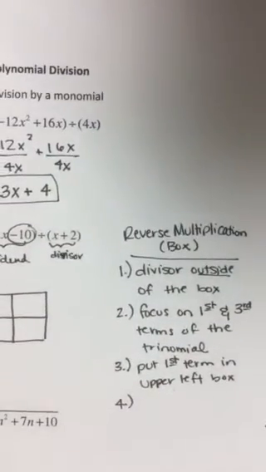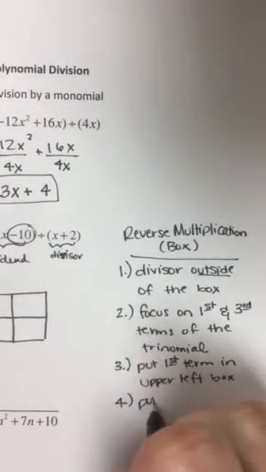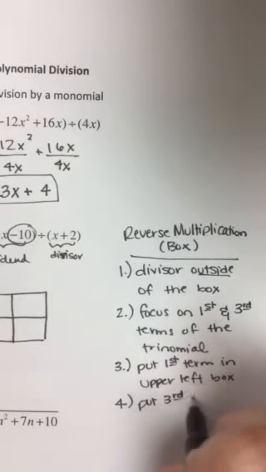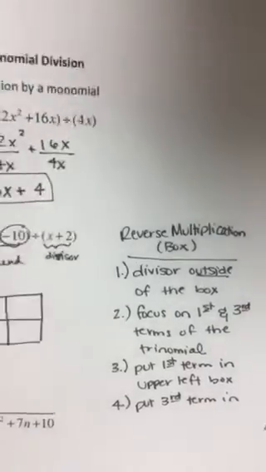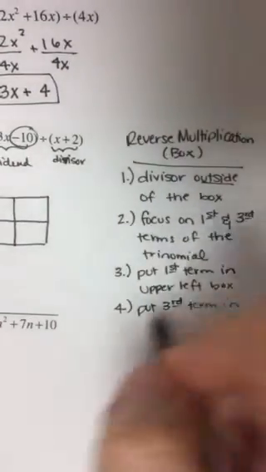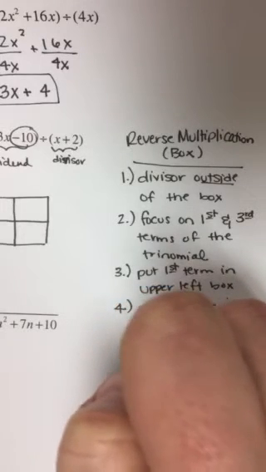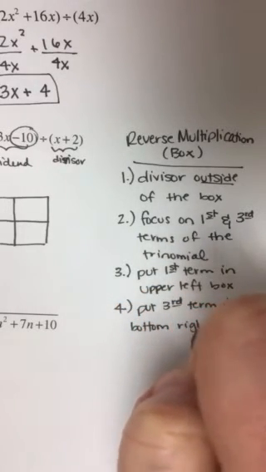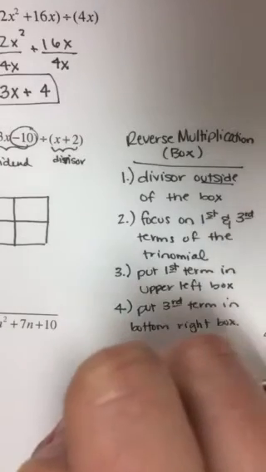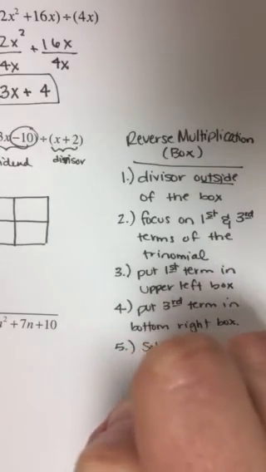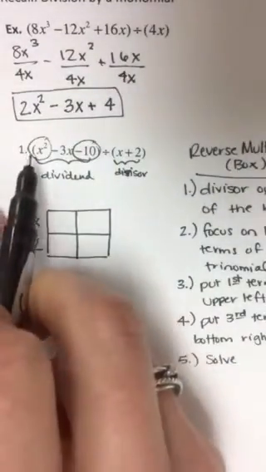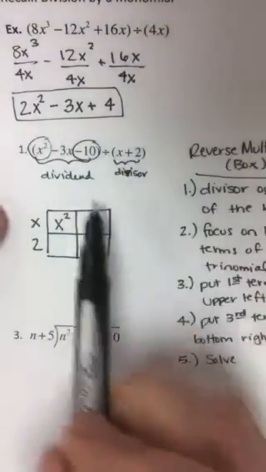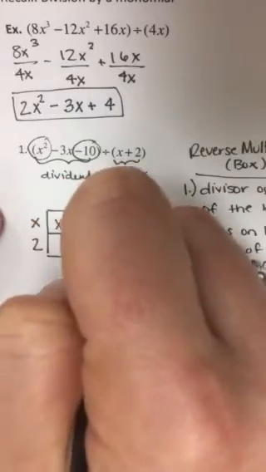And then I'm going to put the third term, or the last term, in the lower right box, okay? And then for my last step, I'm simply just going to solve it out, okay? So according to my statement, I'm going to put this x squared in this top box right here, so that goes on the inside. I'm going to put the negative 10 in this bottom right box, okay?